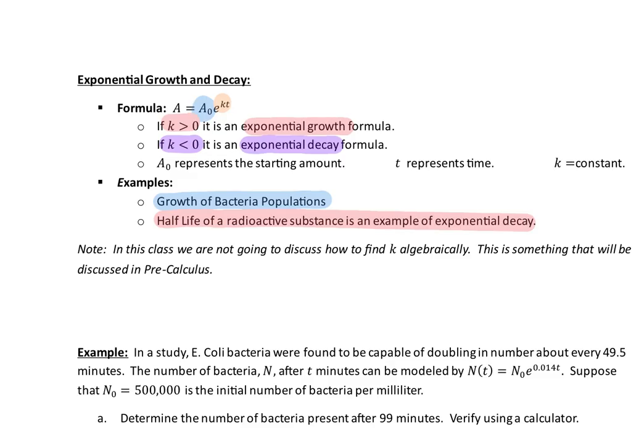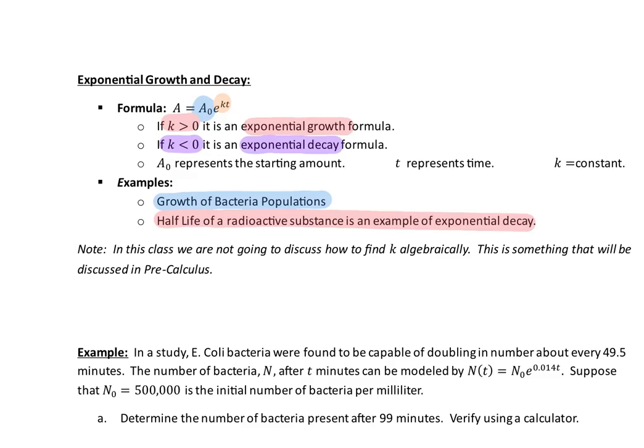In this class, just so you know, we are not going to discuss how to find k algebraically. This is going to be a number that's automatically given to us. But when we get into the next math class, pre-calculus, we will talk about how to find k algebraically.